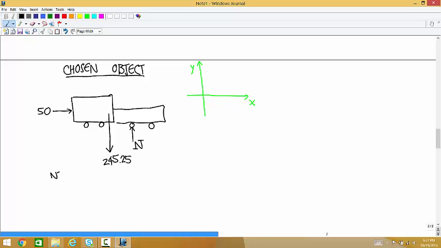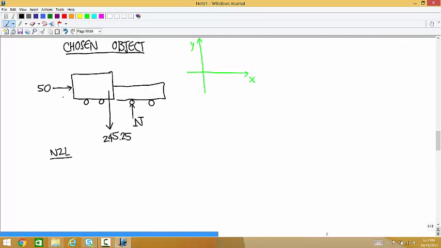Okay, so Newton's second law says this 50 Newton force, that's acting in the positive x direction, so that's 50, 0. The 245.25 is acting in the negative y direction, so that's 0, negative 245.25.